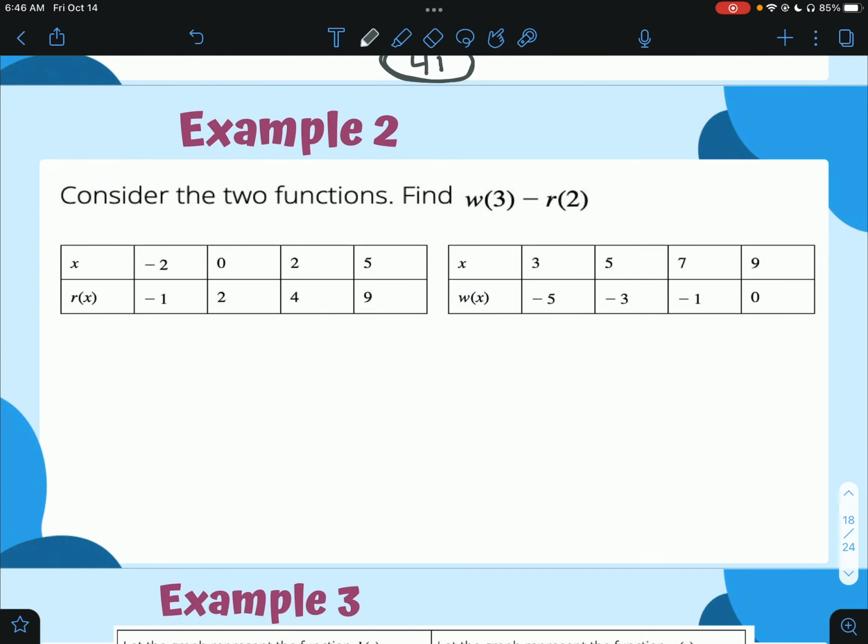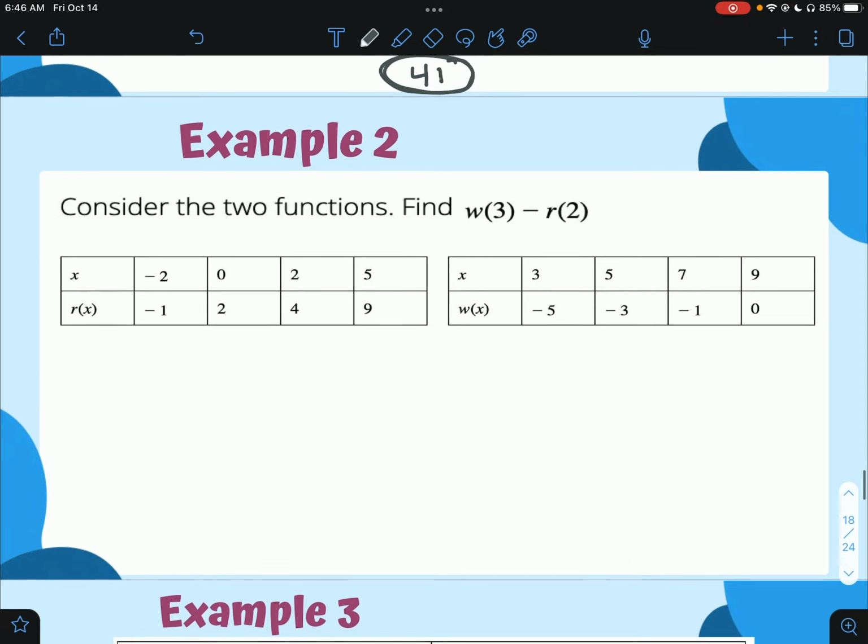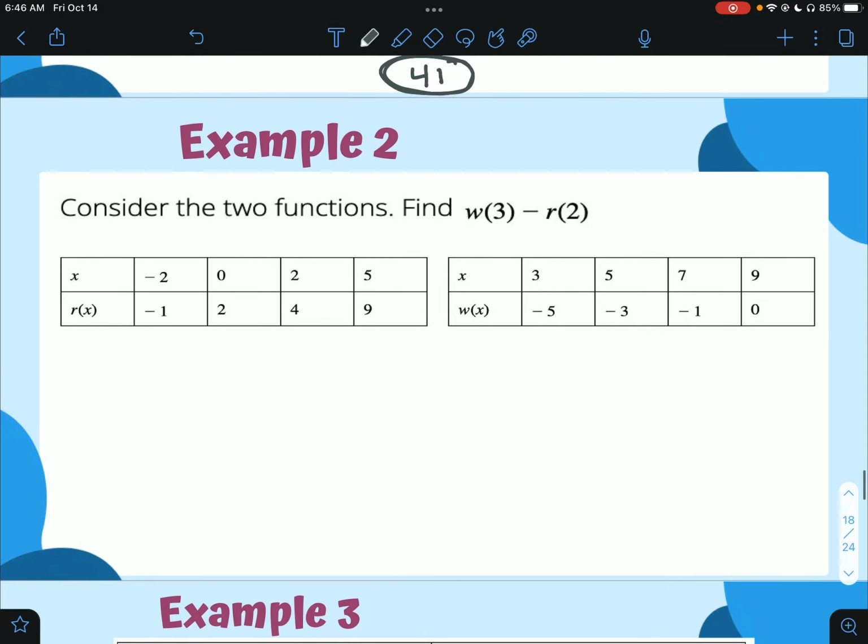We look at example 2. Here we're doing it from a table. So first thing, let's figure out what W of 3 is. So if I look at my table, this is my W table. I want to find the input of 3. Well, the output is negative 5. So W of 3 equals negative 5.